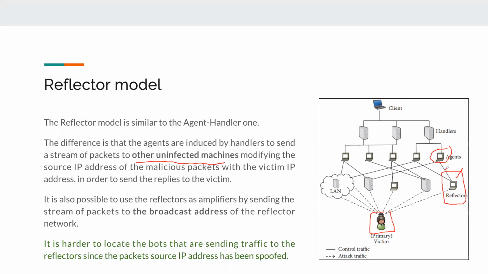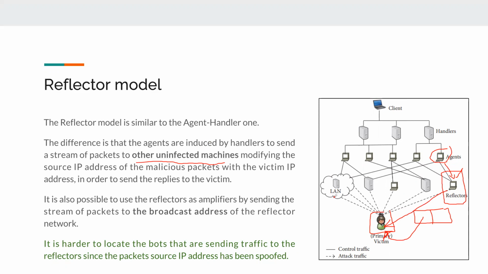When they send the packets to the reflectors, they change the source address to the address of the primary victim. So when the reflectors find that the message is from the victim, they reply to the victim, and hence the resources of the victim become unavailable, and it turns out to be DDoS.